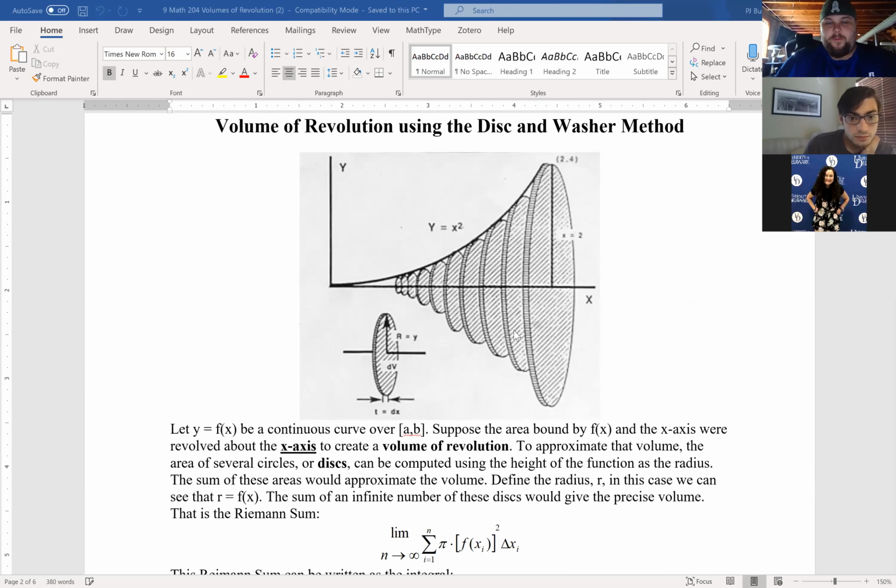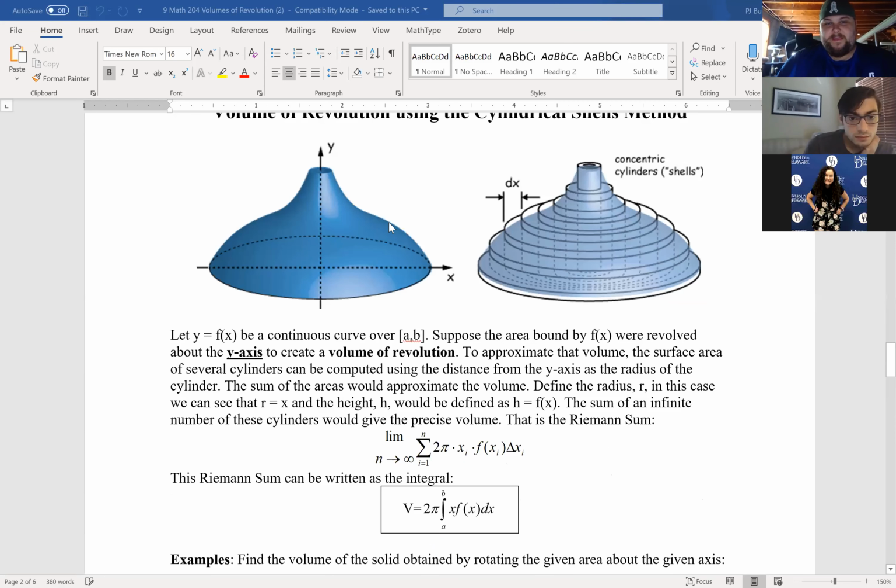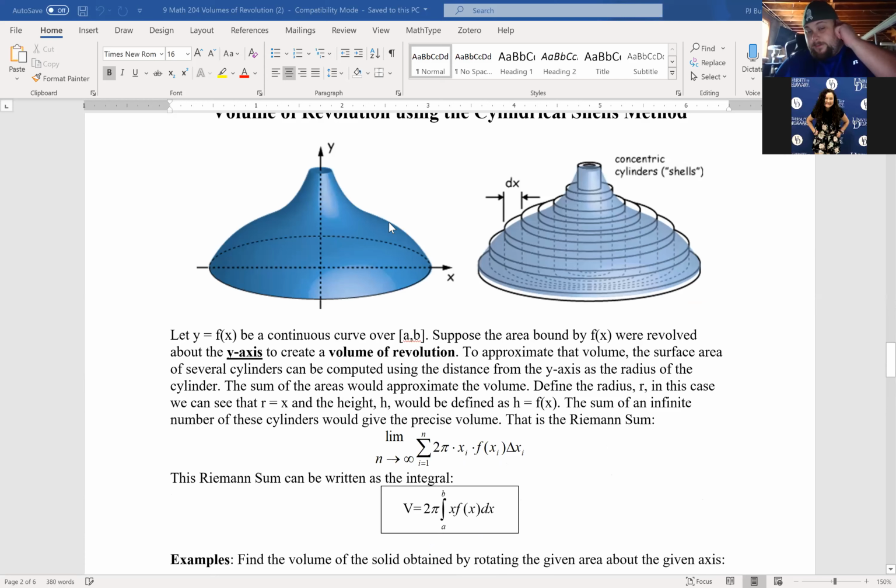And if you go about the y-axis, it is typically easier to use cylindrical shells. That doesn't mean that you can only do it that way, right? If you go about the other axis, you just have to change the variable that you integrate with respect to.